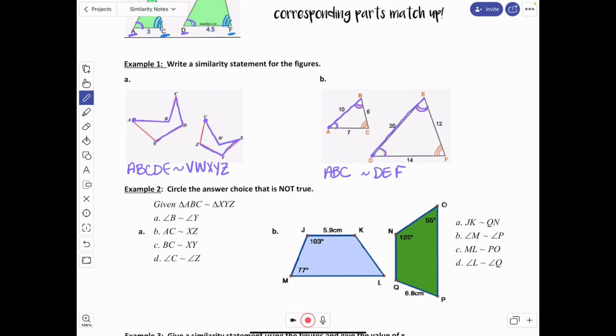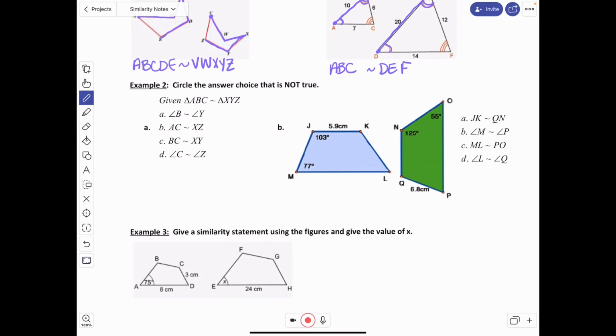Okay, so circle the answer choice that is not true. We're given triangle ABC is congruent to XYZ. Our first choice is angle B is similar to angle Y. So B and Y, they are both in the middle. So we know that one is true. Then AC is similar to XZ. So A and C, X and Z, first and last, first and last.